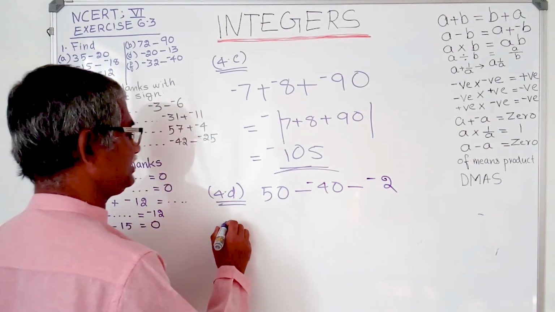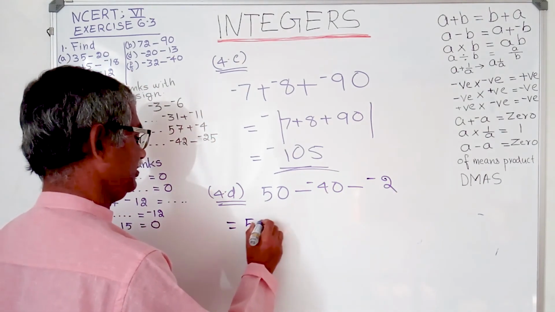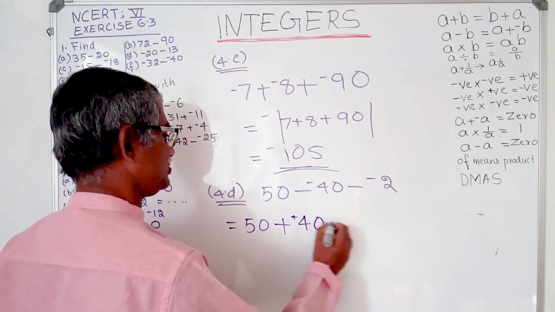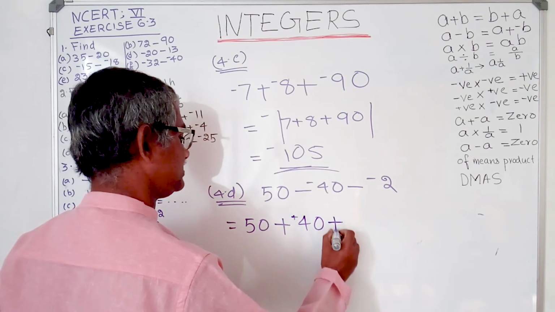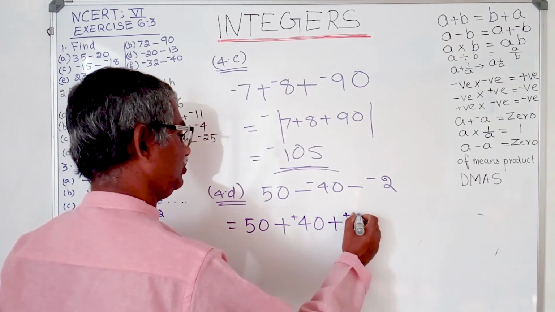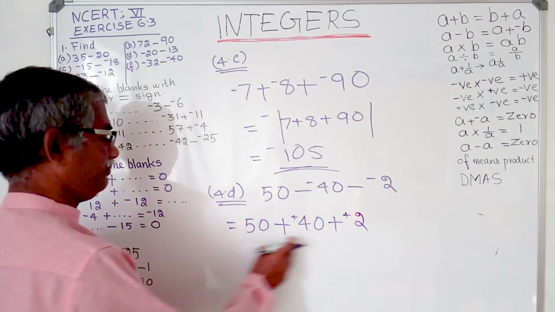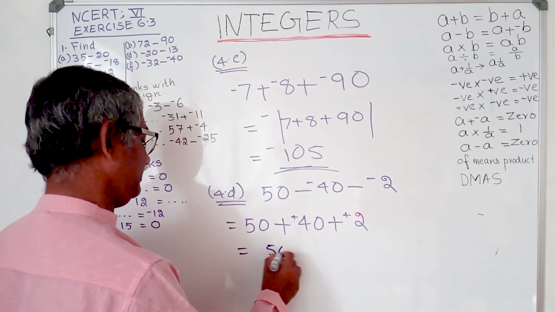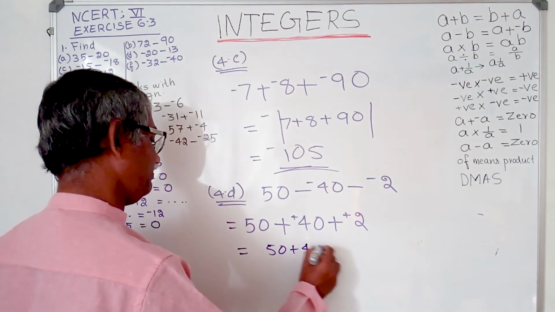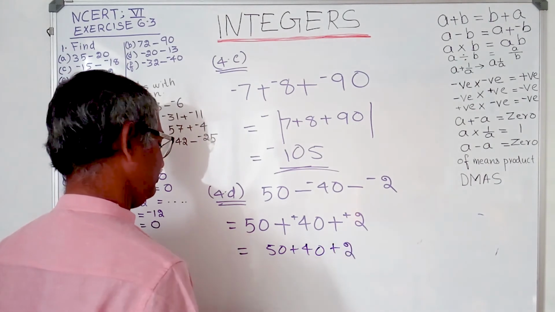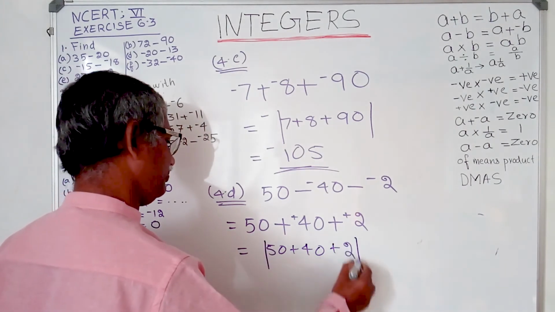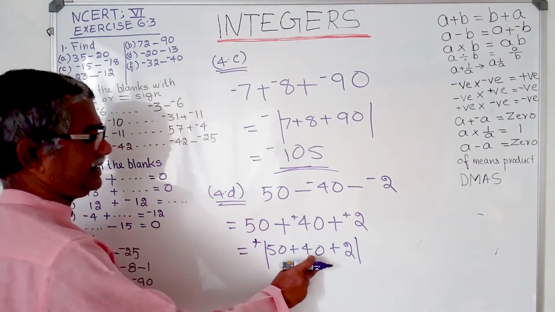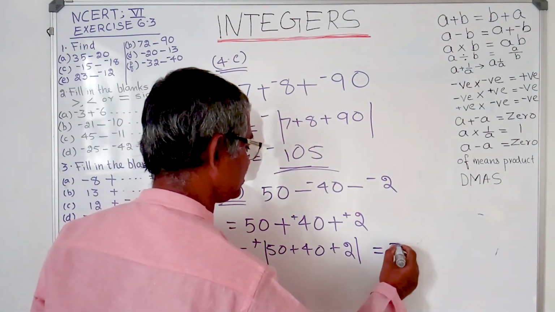Subtractions have to be changed to addition. 50 plus negative 40, changing to positive 40. Minus, plus negative 2, positive 2. Look, all are positive numbers, so easy to add. 50 plus 40 plus 2 is positive. 50 plus 40, 90, 90 plus 2, 92, positive.